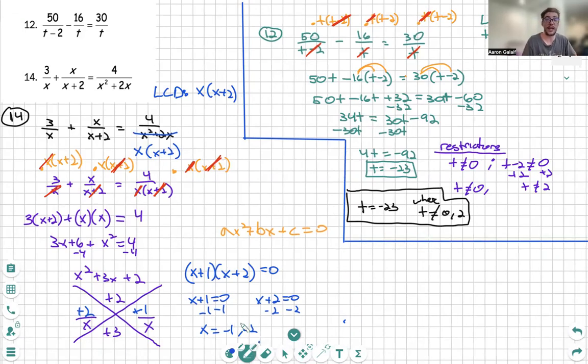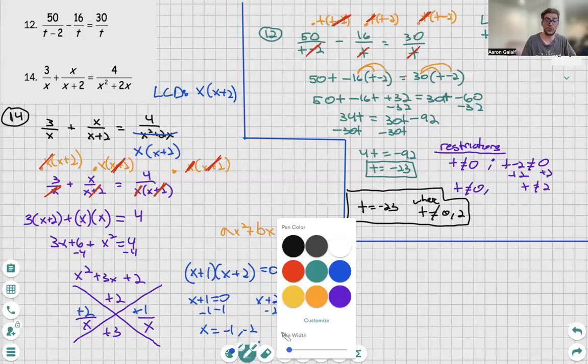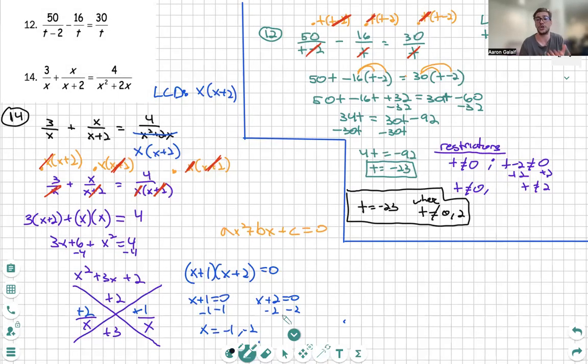So now that we have x is equal to -1, x is equal to -2, remember, I cannot be equal to anything that creates a 0 on the denominator. I take my denominator separately from the beginning. X equals 0, x plus 2 equals 0. Your least common denominator, set that to equal 0 individually.